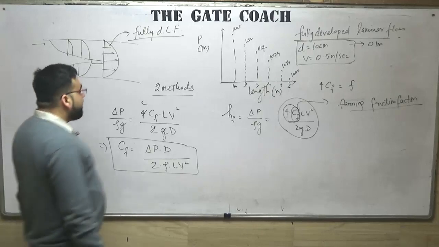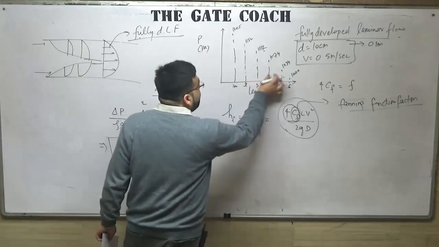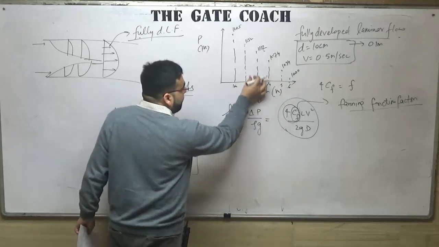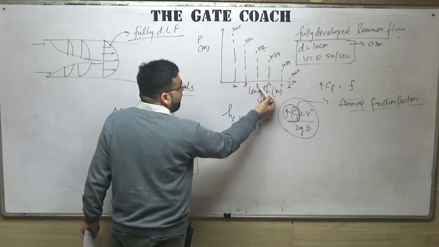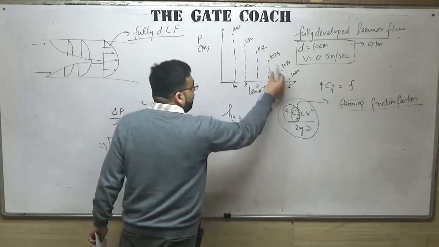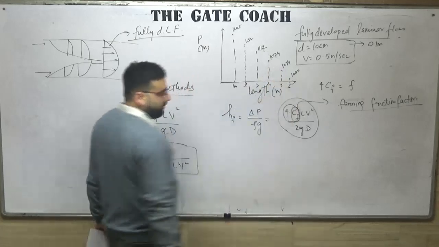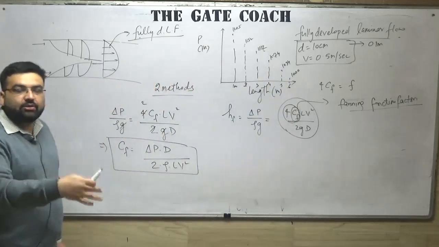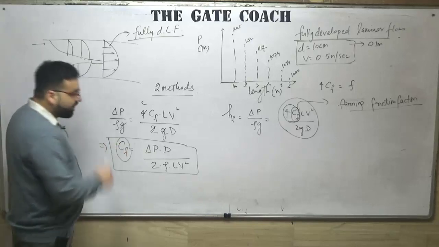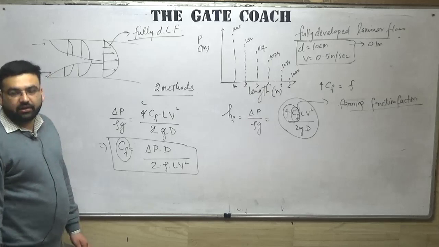So one method is that for every consecutive change, the length will be 2 minus 1 meter. For this particular drop, the length will be 3 minus 2, for this one 4 minus 3, for this one 5 minus 4, and so on. So for every particular drop, you will get some value of the coefficient of friction or the Fanning friction factor.